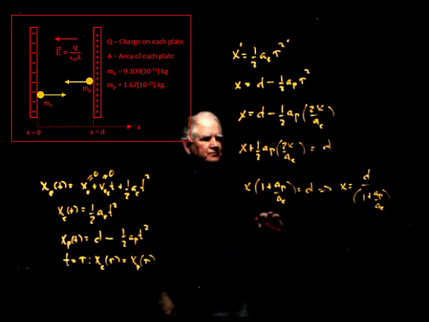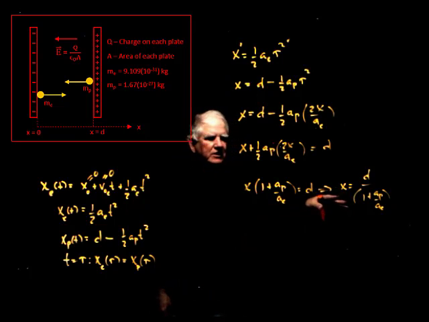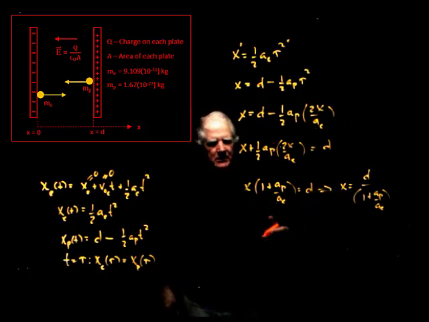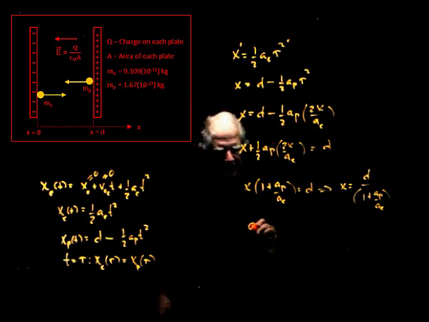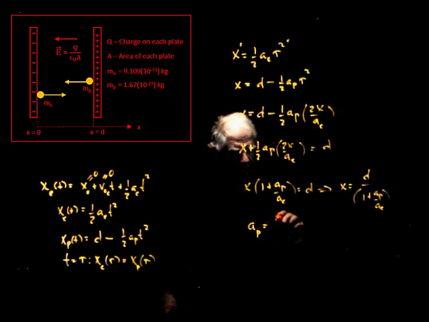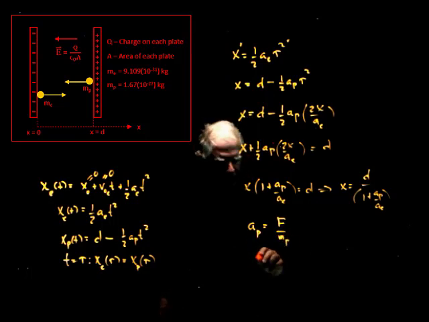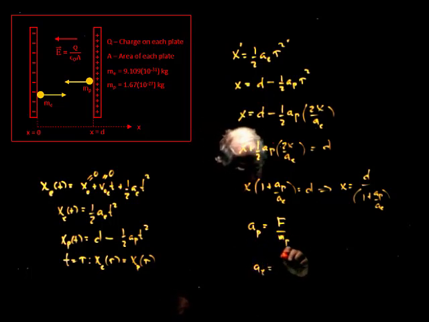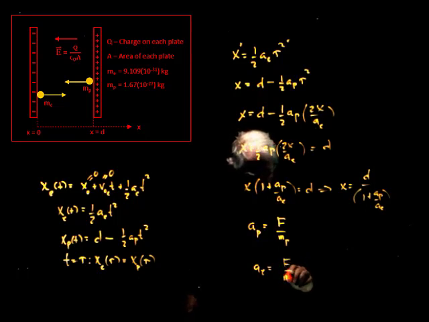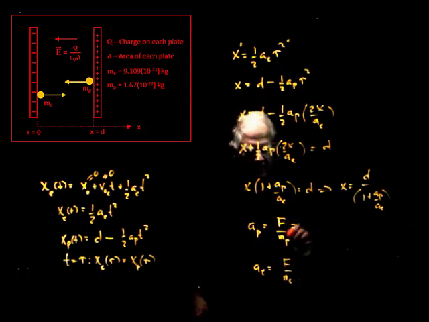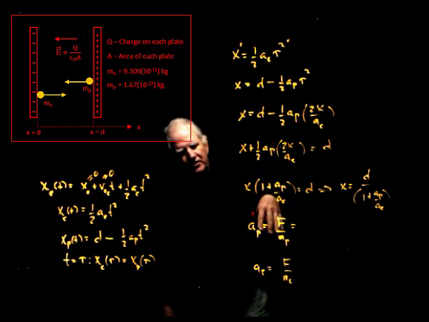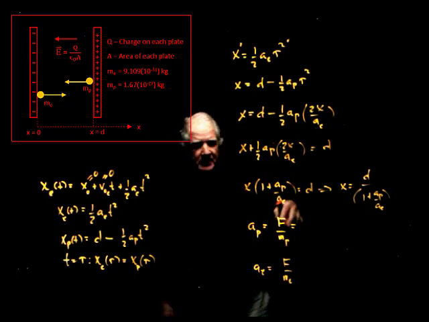So it's left to us now to calculate what a sub p and what a sub e are. This is the electrostatics now. This a sub p, by Newton's second law, is the common force divided by the mass of the proton. a sub e is the common force divided by the mass of the electron. And this common force is just, in this case, the proton's charge times the electric field.